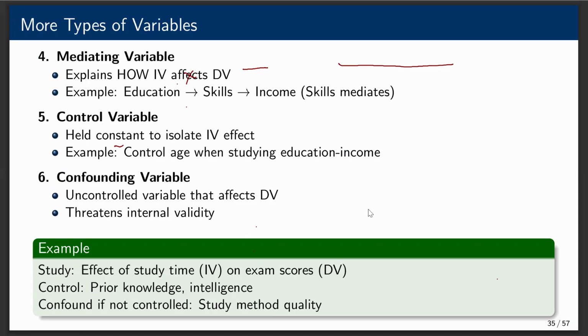Yesterday I discussed internal validity. What is the difference between control variable and confounding variable? Control variable is held constant to isolate the independent variable effect. Example, to control age when studying education and income.